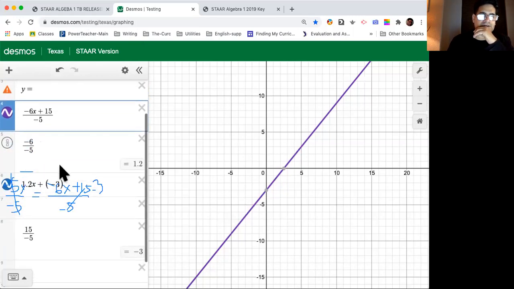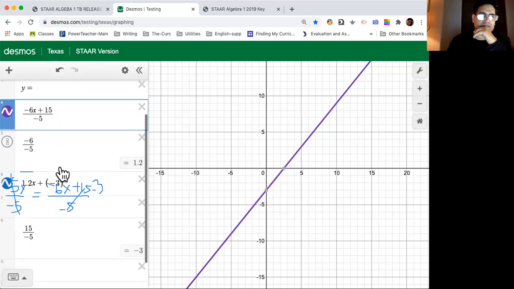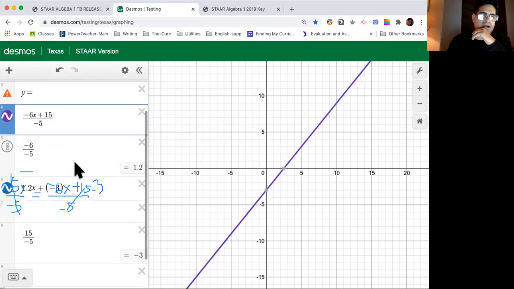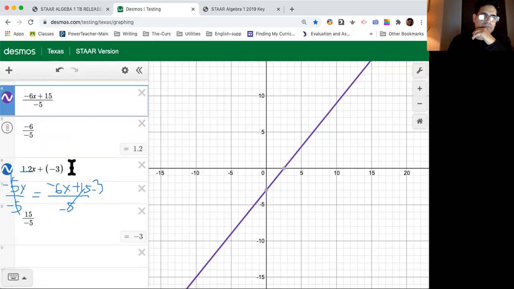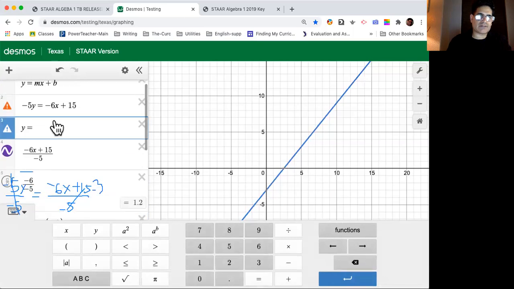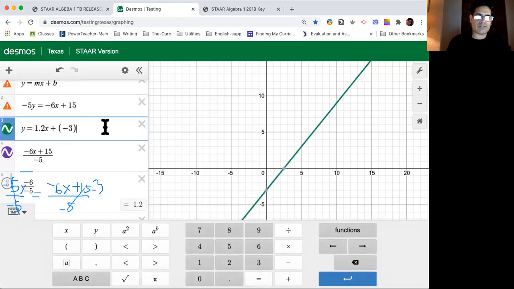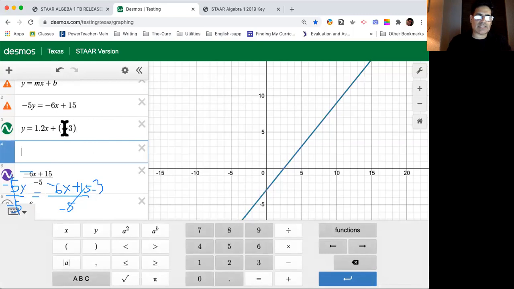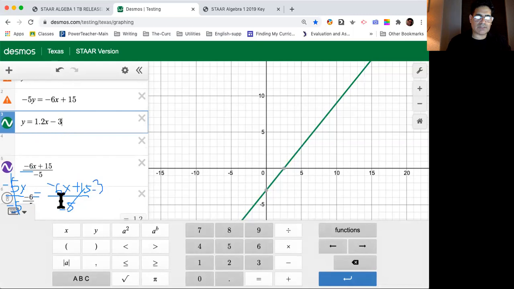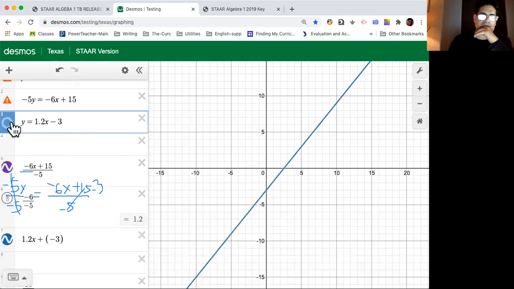So I'll just leave that there and know that this equation has now become the graph of y equals 1.2x plus negative 3. That's actually just negative 3, so let's make this neater: a negative and a positive is negative. I noticed it didn't change anything. You see that? It's the same graph.